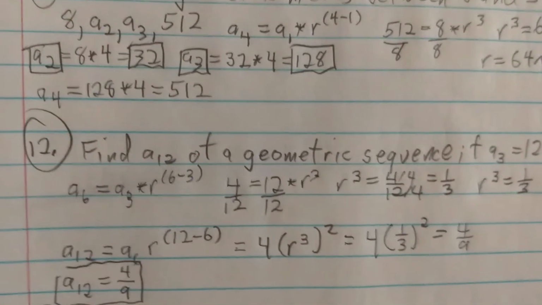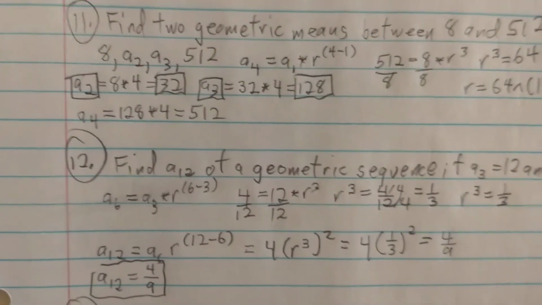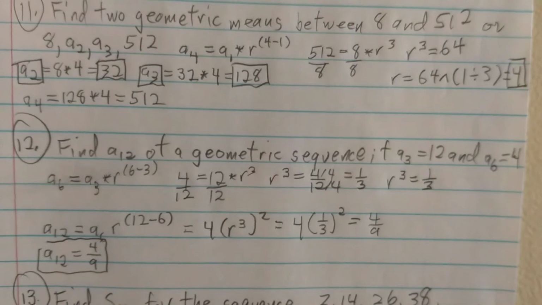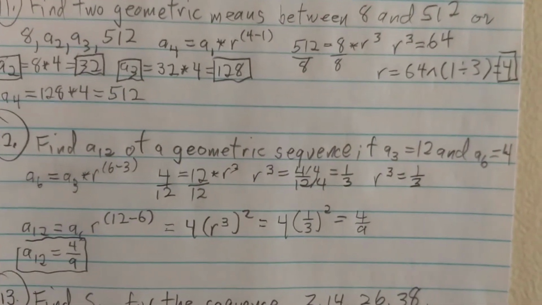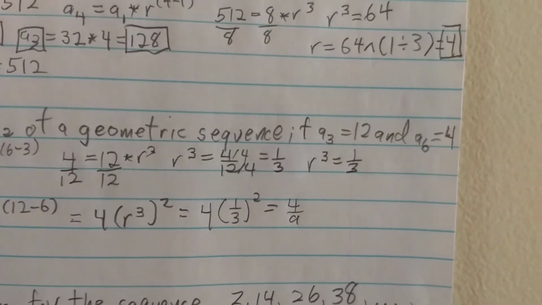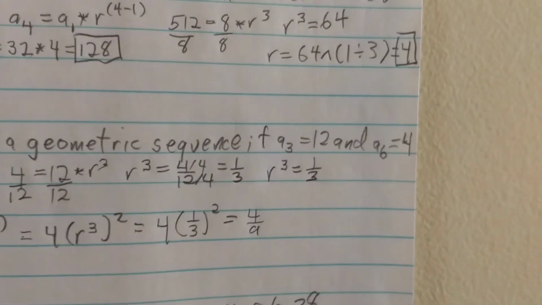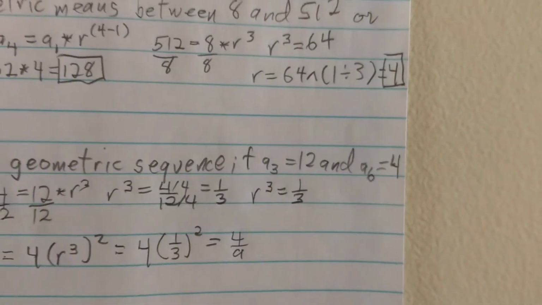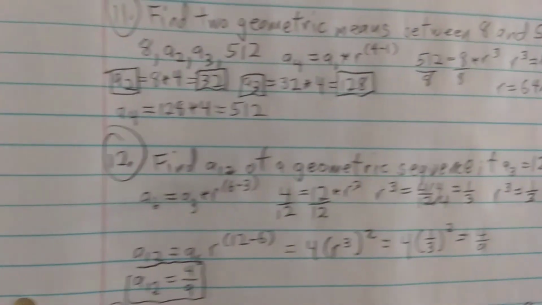Plugging in for A4 and A1, 512 equals 8 times r cubed. Dividing by 8, 512 divided by 8 is 64. On my calculator, I can do 64 to the power 1/3 in parentheses, which equals 4, because 4 times 4 times 4 equals 64.